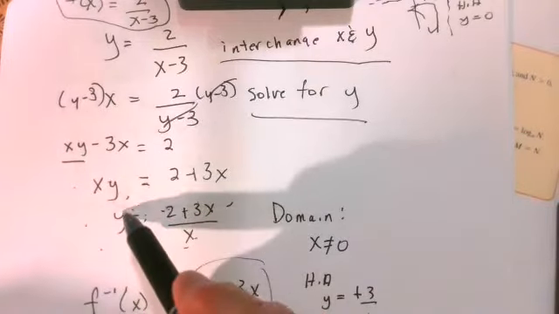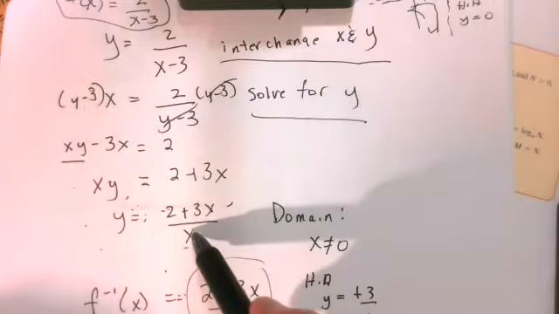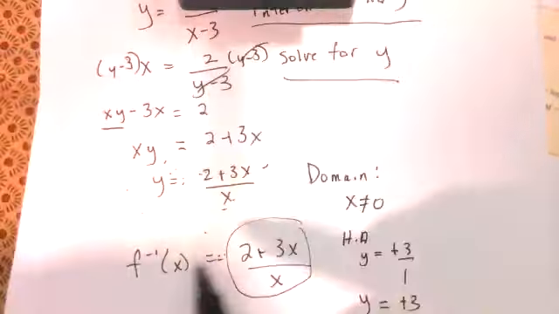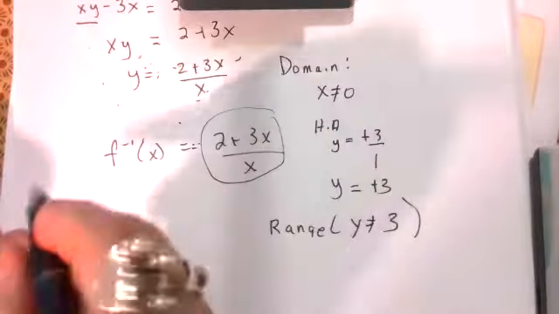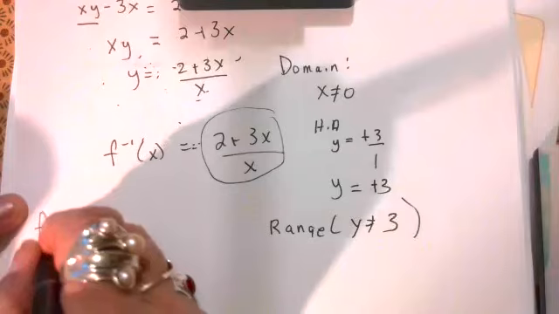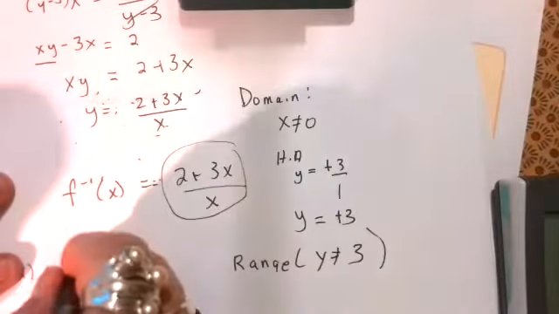So really to solve for y, I just need to divide by x. And then the last thing you want to do is call that f inverse. So this is what we got for f of x. This was f of x, 2 over x minus 3.